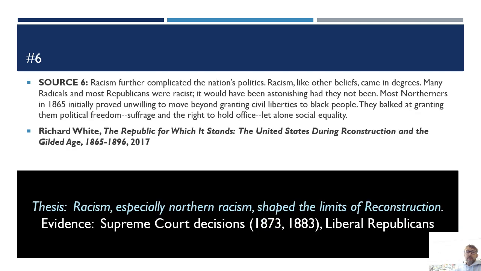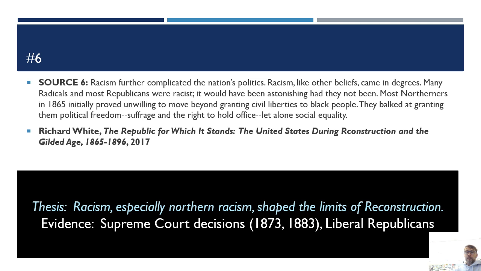Richard White's argument is that racism came to shape the limits of Reconstruction policies because Northerners were racist in different ways in the South, and they were very unwilling to do much more than end slavery and grant a few civil rights to people.